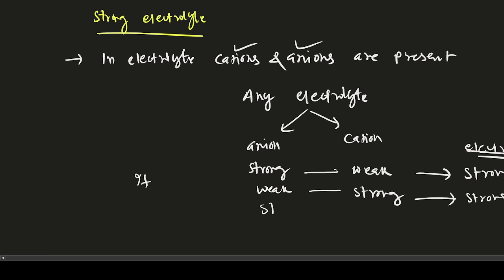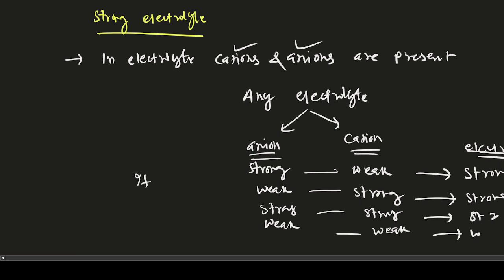And if both are strong, the anion part is strong and the cation part is also strong, then also it is considered a strong electrolyte. And if both the anion part is weak and the cation part is also weak, then it is considered a weak electrolyte.